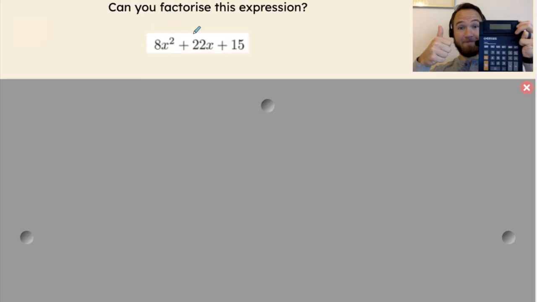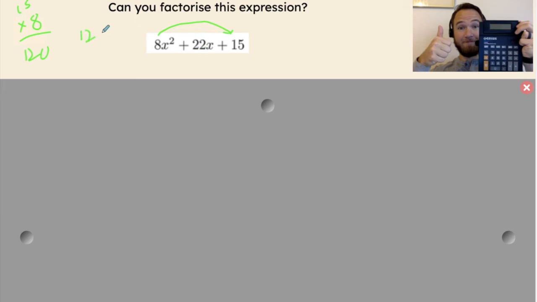If we try to do this one here, using the method we know from before, our sum and product, we need something that multiplies to be 15 and adds to 22. Well, that doesn't make any sense. But what if we did 8 times 15? That gives us 120, and adds to 22.